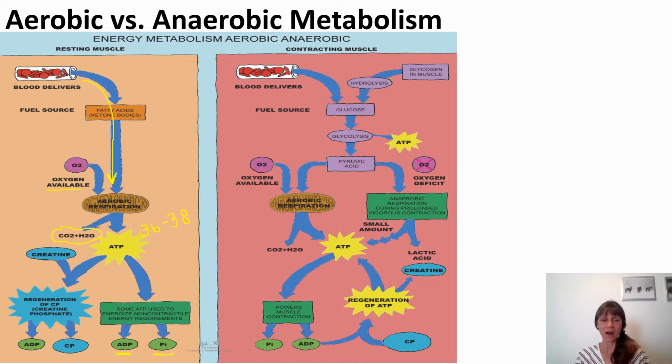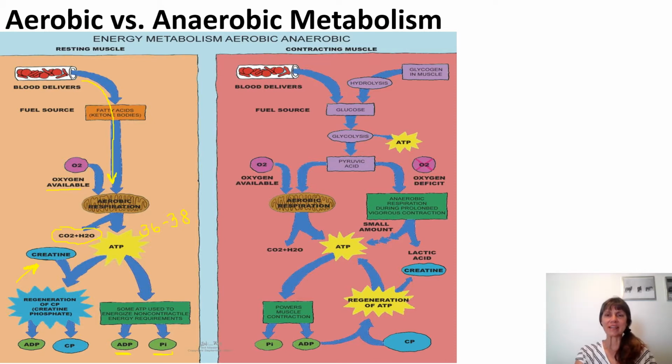However, with the help of an enzyme called creatine kinase, we can attach that inorganic phosphate to a molecule of creatine, creating creatine phosphate. And the neat thing about creatine phosphate is that the phosphate group can be taken off of that, again with the help of creatine kinase, to phosphorylate adenosine diphosphate, turning it back into adenosine triphosphate.